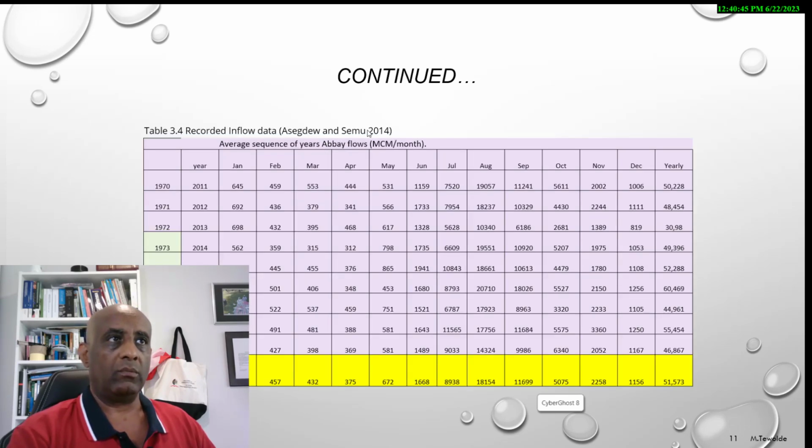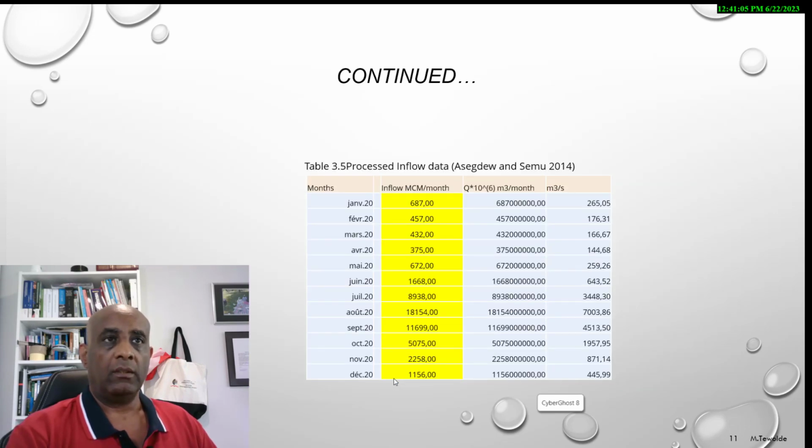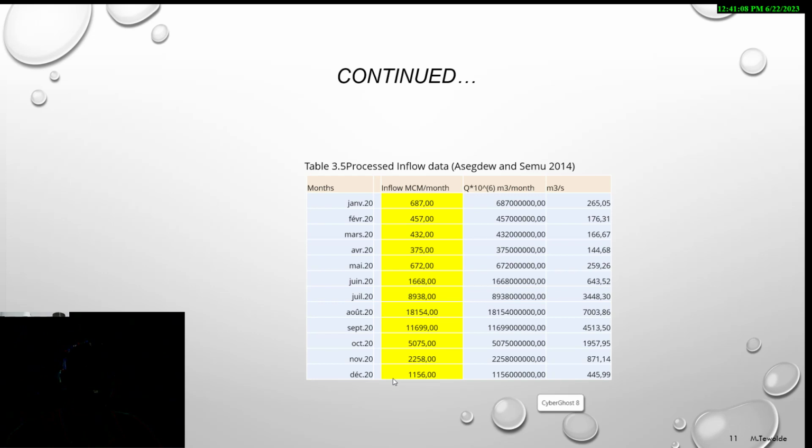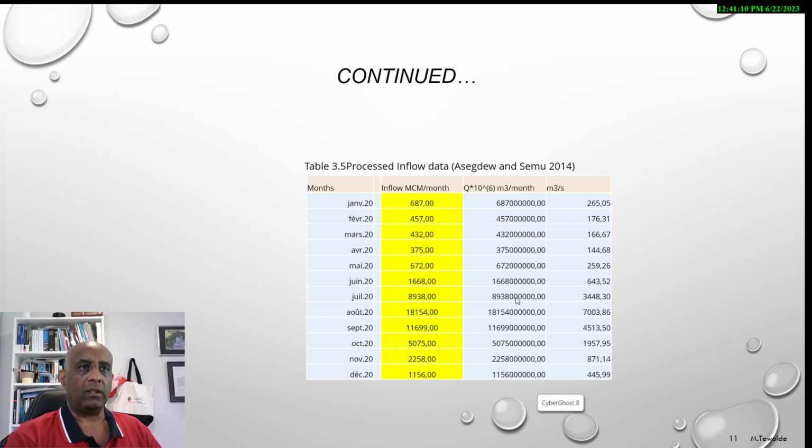And this is the inflow hydrograph I use. That's the mean of 5 years, 2040 up to 2090. It's just hydrology. So these are the observed data.